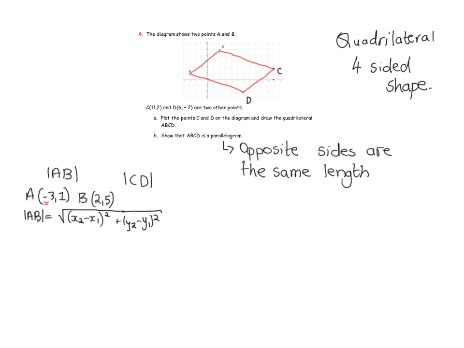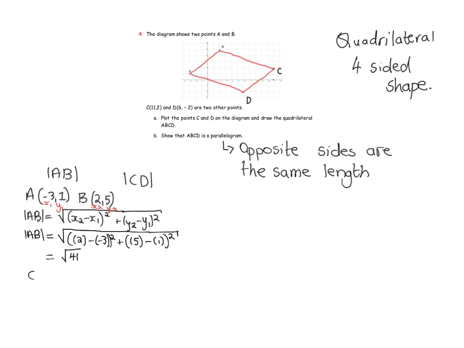We'll label these: x1 here, y1, and then x2, y2. Then here we have the length of AB is going to be equal to the square root of x2, which is 2, minus x1, which is -3, and that's all going to be squared, plus y2, which is 5, minus y1, which is 1. Again, you pop that into your calculator and you get the square root of 41. For the minute, we might leave that the way it is.